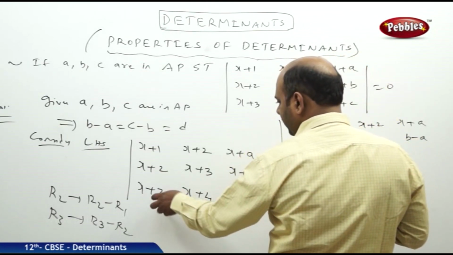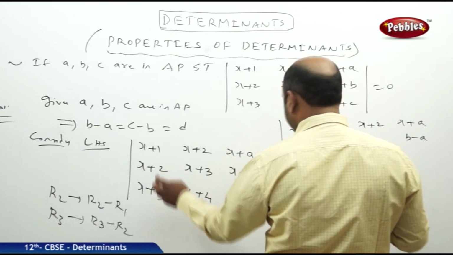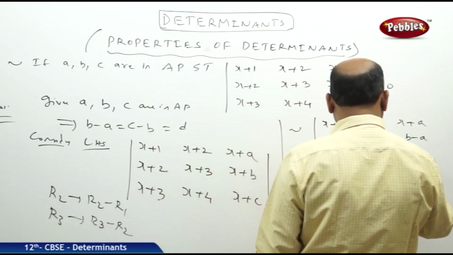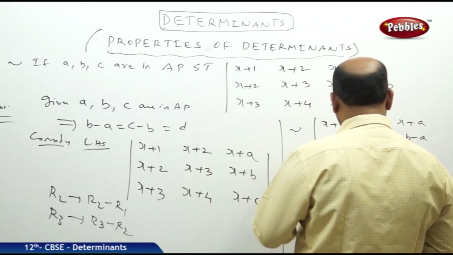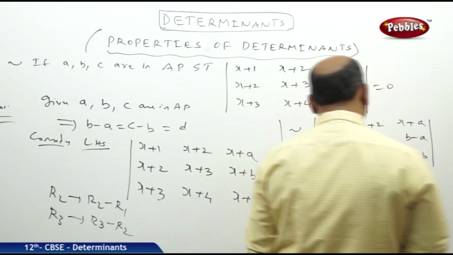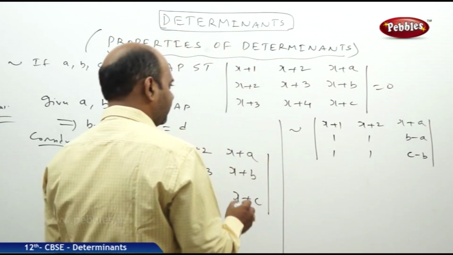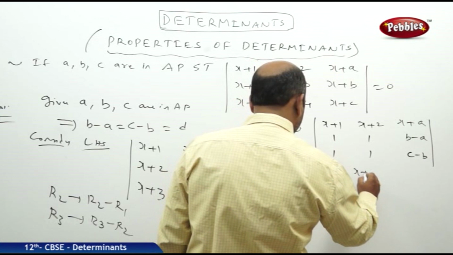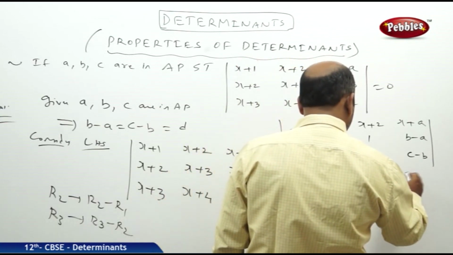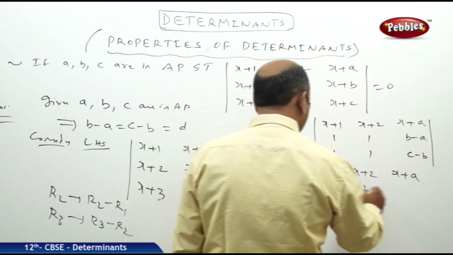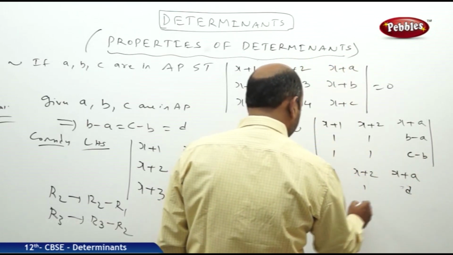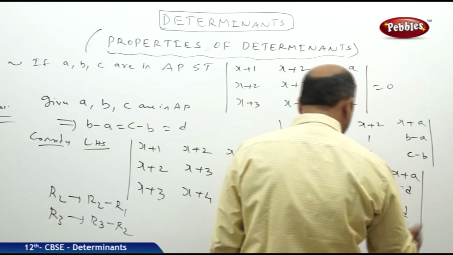Here also when I subtract R3 minus R2, I get 1, 1, and c minus b. Now if you observe carefully, x plus 1, x plus 2, x plus a, 1, 1, sorry, 1, 1, D, and 1, 1, D.